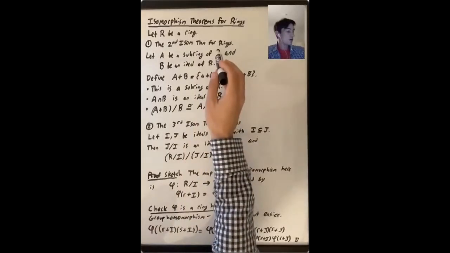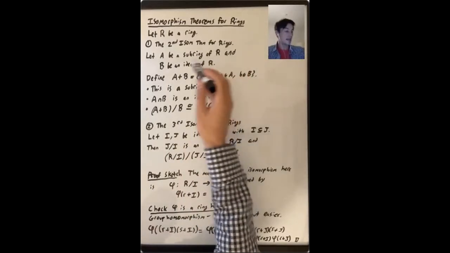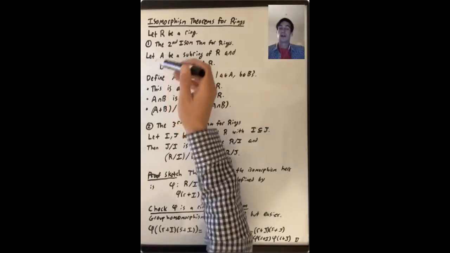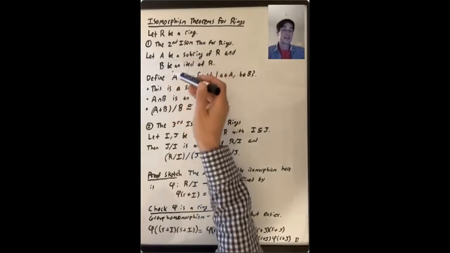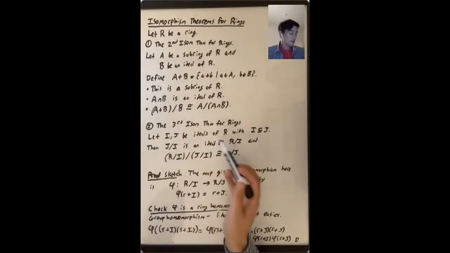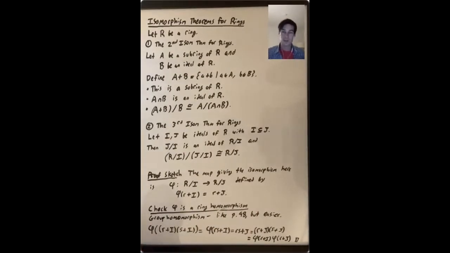And also, even if R does contain an identity, this is telling you something that's true about subrings that don't necessarily contain the identity of the ring R. But they're so close to being the same thing.